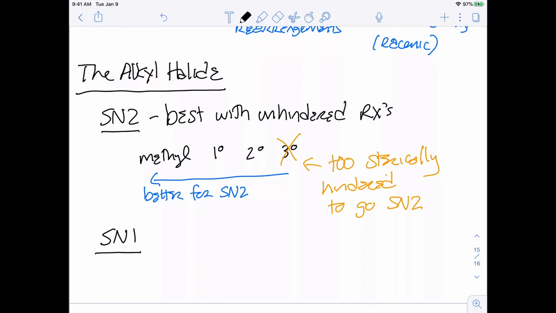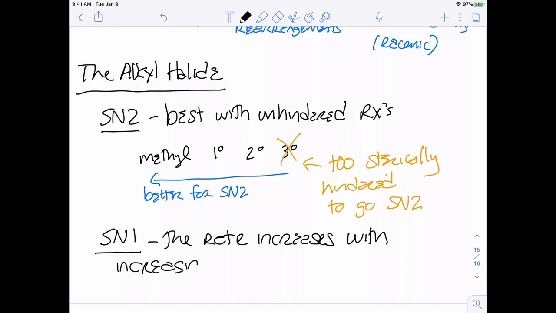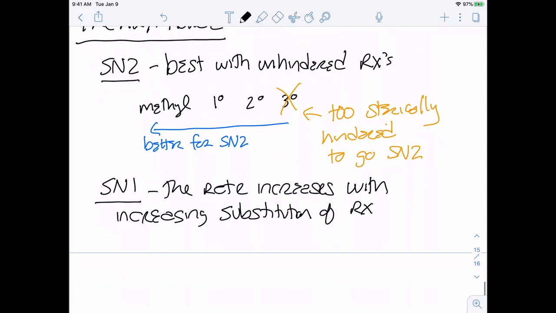So our rate increases with increasing substitution of our alkyl halide, right?